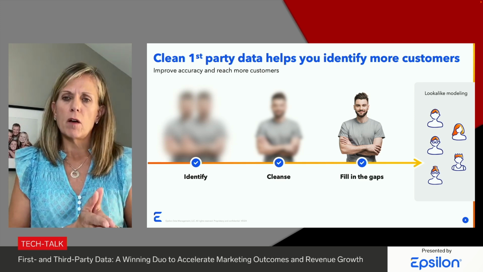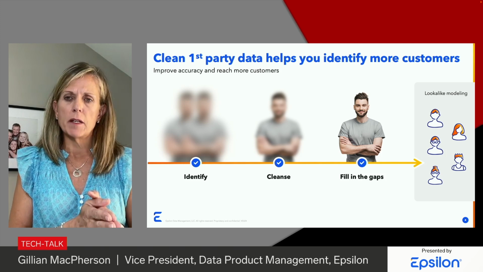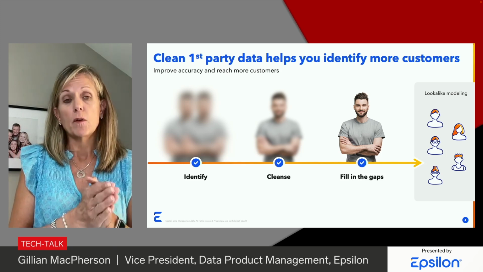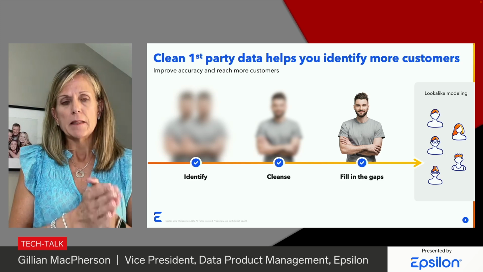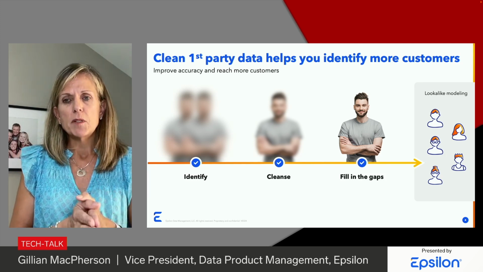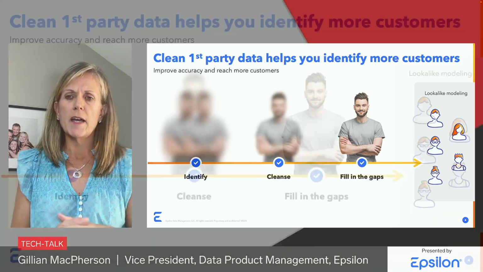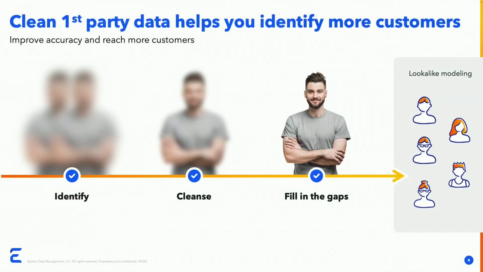How can you look at all of these different records and touch points and clearly consolidate that down to a single record, or the golden record as we like to call it? That's step 1. Step 2, make sure you cleanse all the data that you have on a consumer. You don't want to have an outdated address or potentially a phone number, and ensure that it's as up to date as possible. Lastly, fill in the gaps.